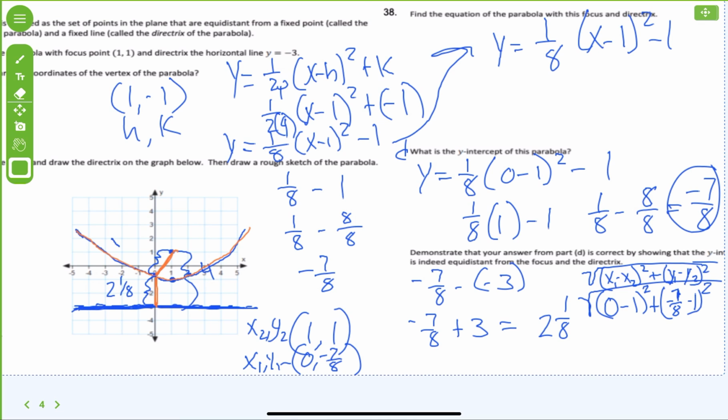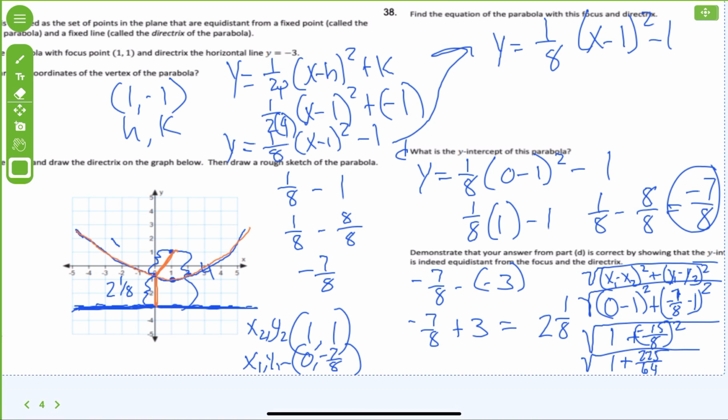Well, negative 1 squared is going to be 1 plus negative 7/8 and negative 1 would be negative 15 over 8. And if we square that, it's plus 15 squared is 225, 8 squared is 64.